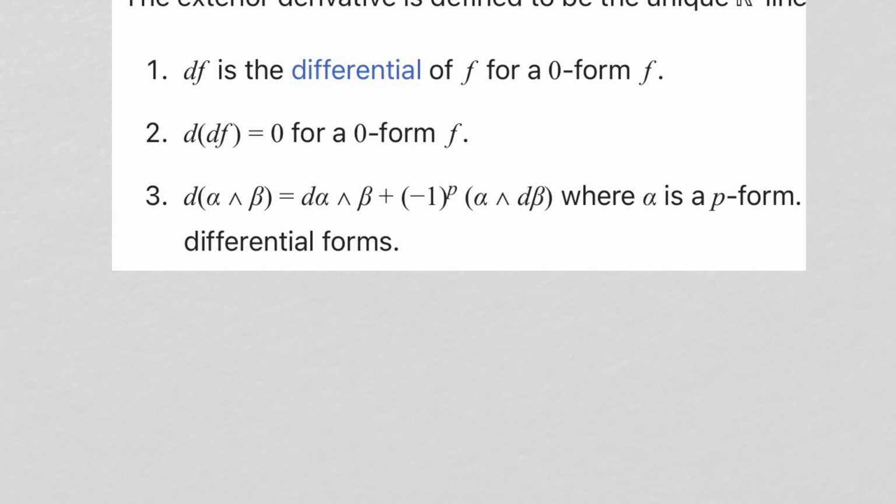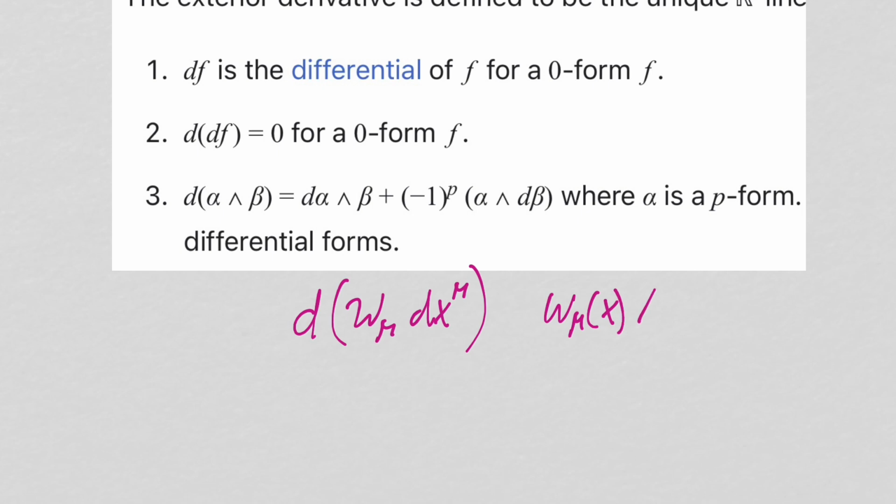So if we applied this to a one form, and this is the confusing part, a one form is omega mu dx mu. That's a general one form. So if we take the exterior derivative of a general one form, where this really is omega mu, which is a function on spacetime, I'll just put that as a function of x, wedge dx mu.